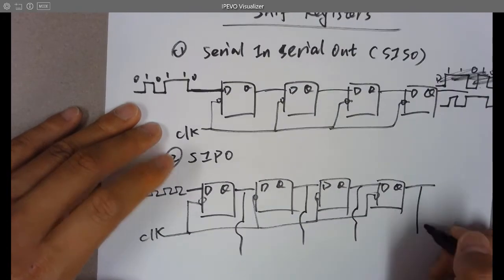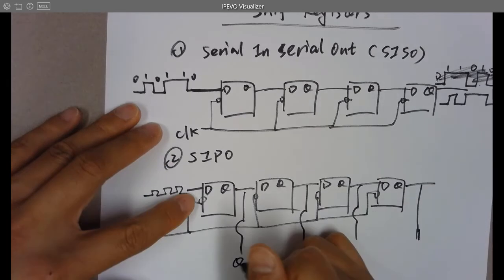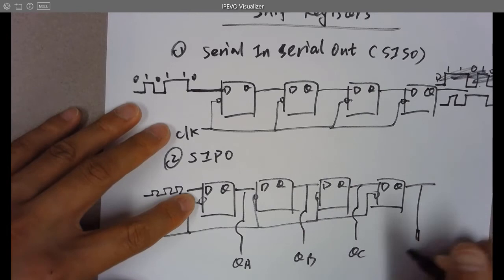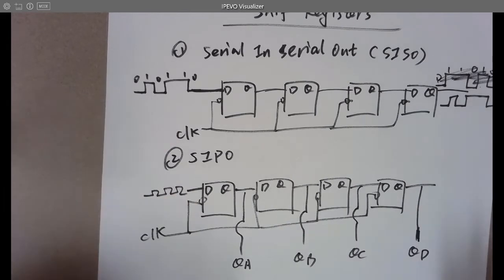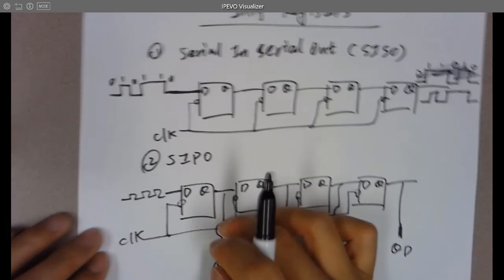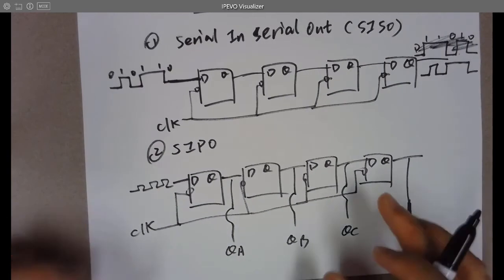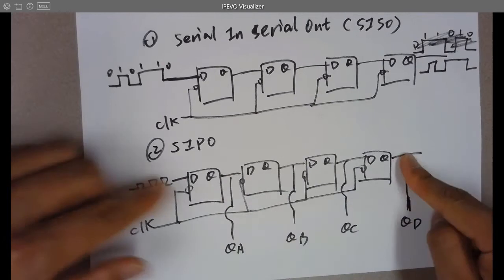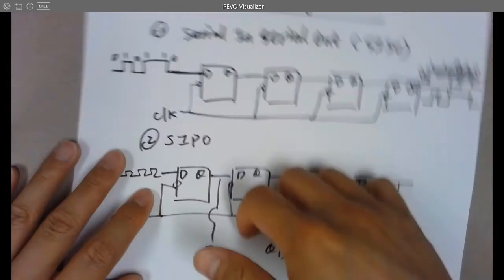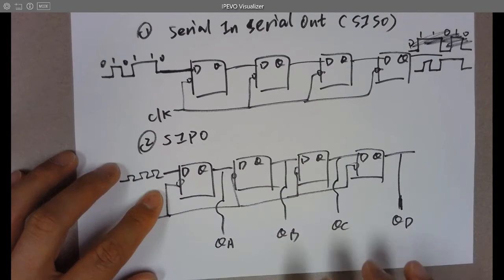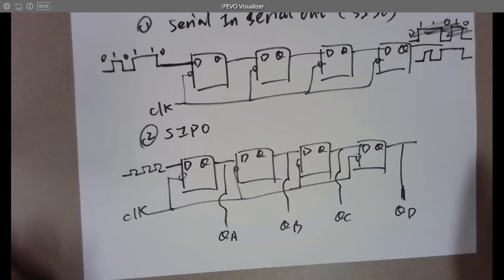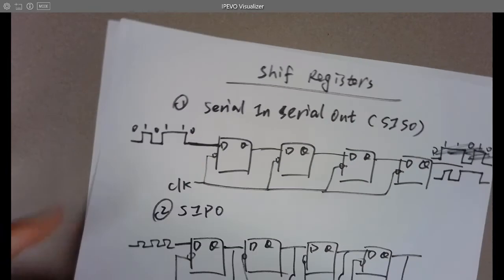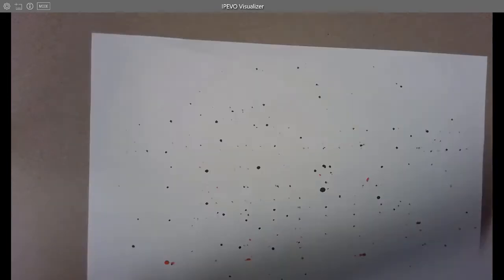So the final result will be a 4-bit binary number here in this application for this specific shift register. So the serial number being shifted in there, boom, boom, boom, boom, and then boom, being delivered in a parallel form at the same time. So that is the second one. And we have a third one.